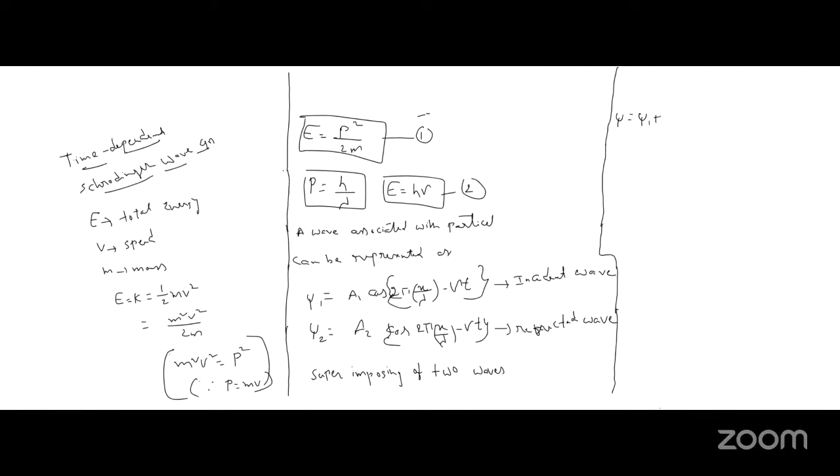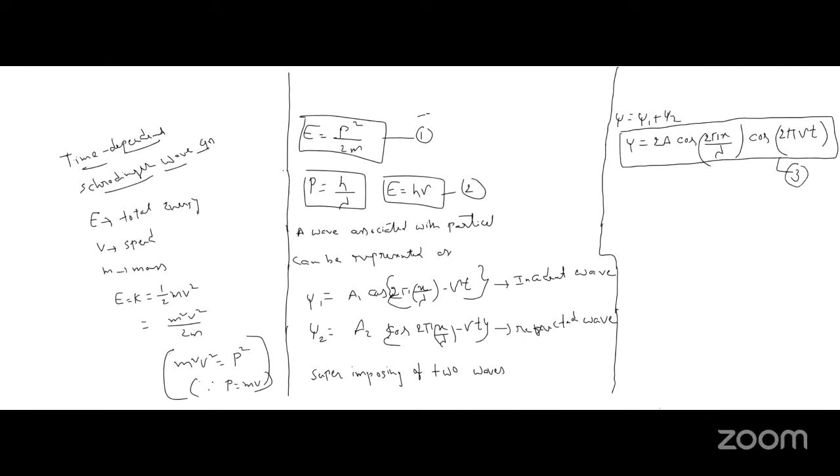Now what is psi 1 plus psi 2? By adding, we get psi equal to 2a times cos 2 pi x by lambda times cos 2 pi nu t. This is the main equation we have after superimposing psi 1 and psi 2, which is represented as equation number 3.